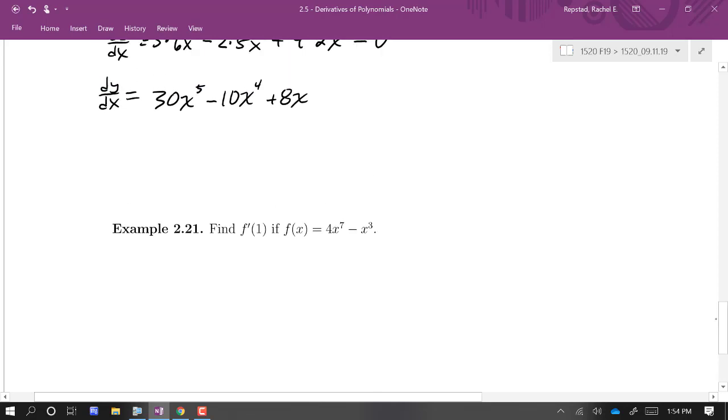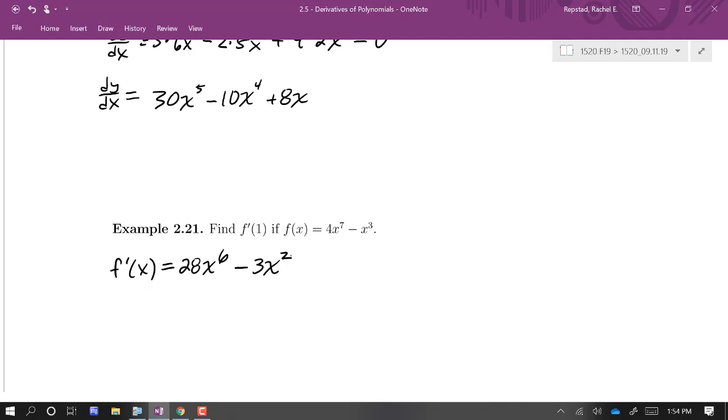We want to find f prime of 1, so we're going to start by finding f prime of x. To find f prime of 1, get the derivative, plug in 1. So what is f prime of x? 28x to the 6th. Can you explain how you got 28x to the 6th? 7 times 4 is 28x.